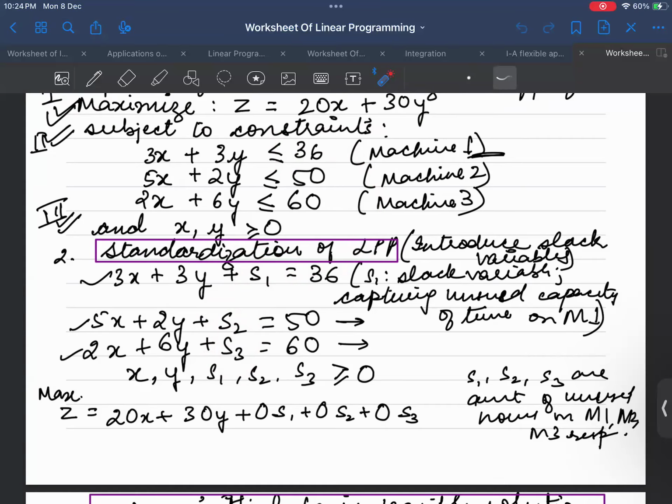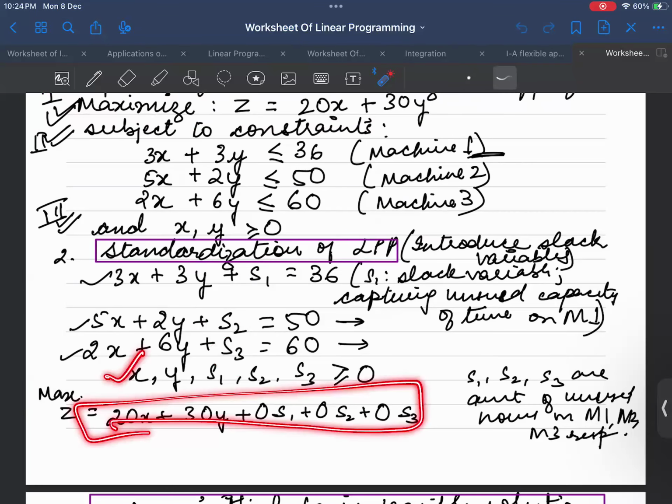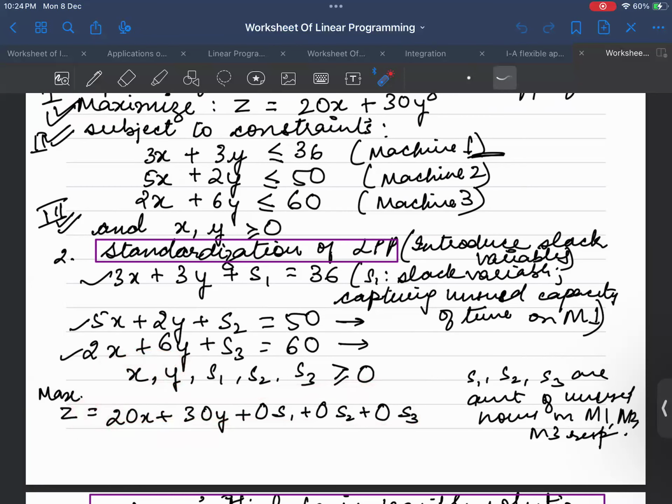Their coefficients now also have to be determined. We have added S1, S2, S3, but what are their coefficients? That coefficient will impact the objective function. As we know, the basic variables, also called decision variables or structure variables, have some coefficients.